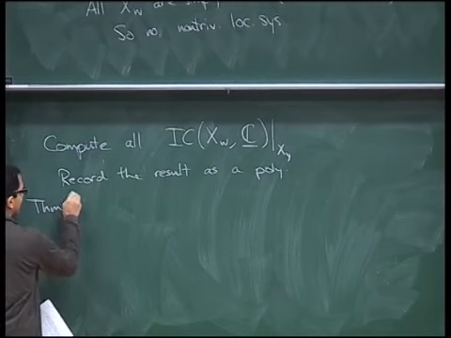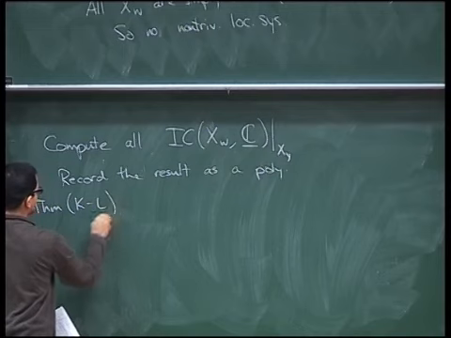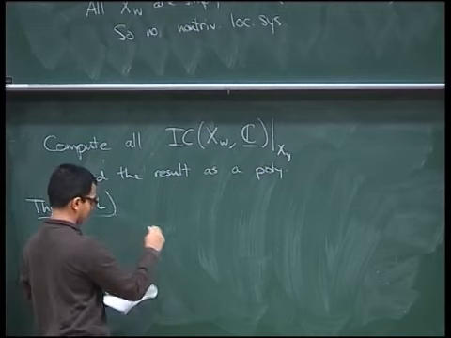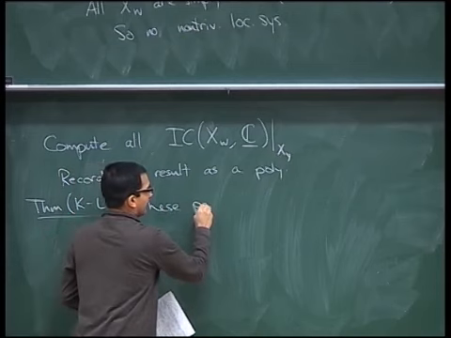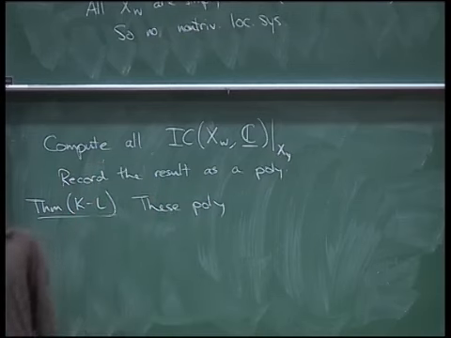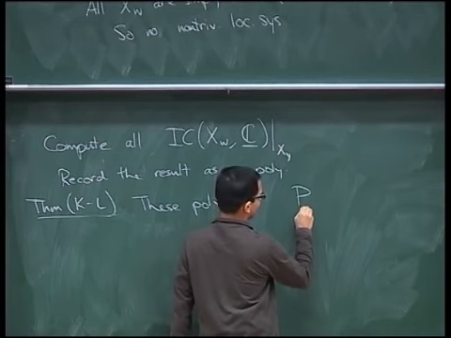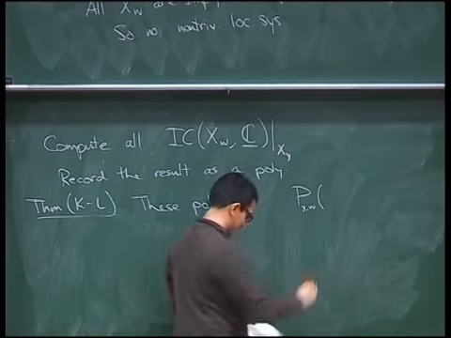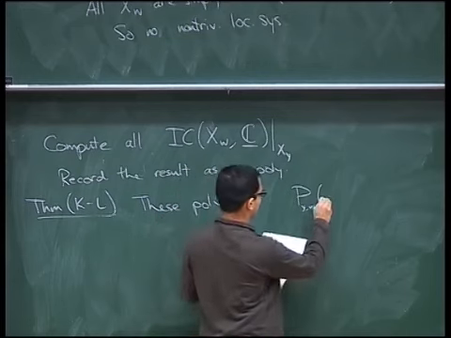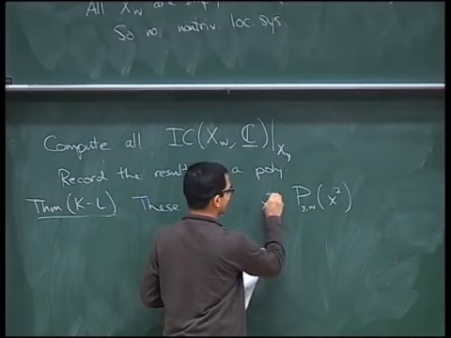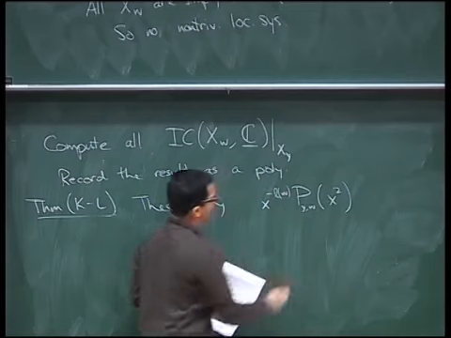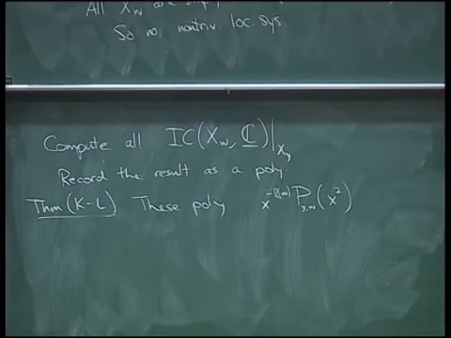The theorem of Kazhdan and Lusztig is that these are basically the Kazhdan-Lusztig polynomials. You have to make some trivial adjustments. If I got this correct, you have to replace x by x squared and stick an x to the minus l(w) in front.